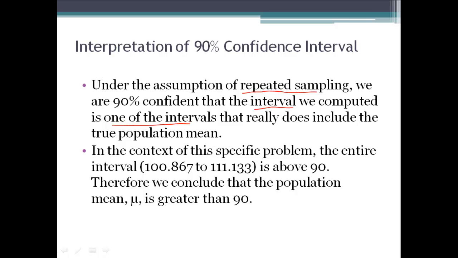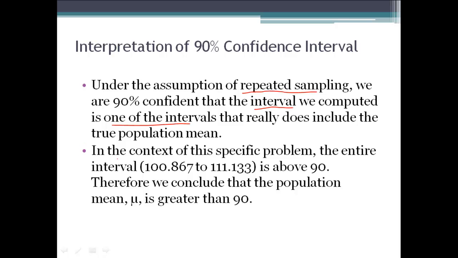And if we did that, 90% of the confidence intervals would include the true population parameter, in this case the true population mean, and 10% wouldn't. So we're, I guess, in a sense, betting and having a 90% chance that the interval that we computed is one of the intervals that really did have the true population mean.